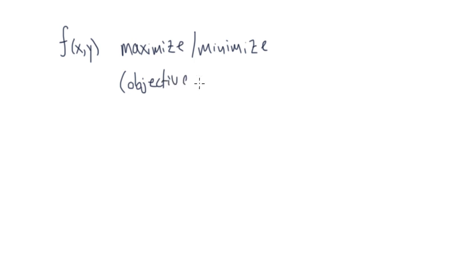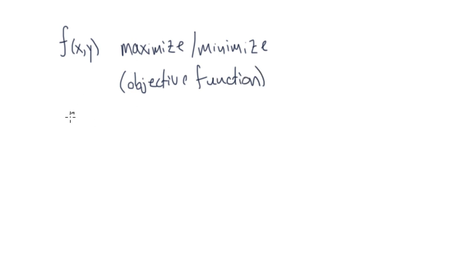So we have a function of two variables that we want to maximize or minimize. And this function we're going to call the objective function. So the function that we want to maximize and minimize we call the objective function.